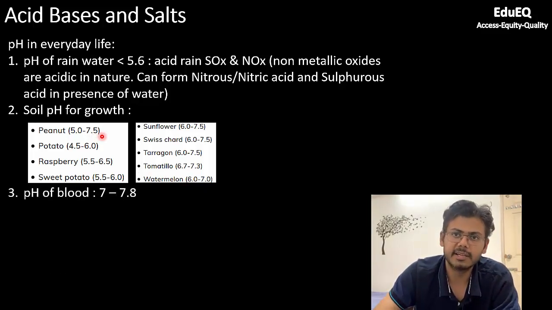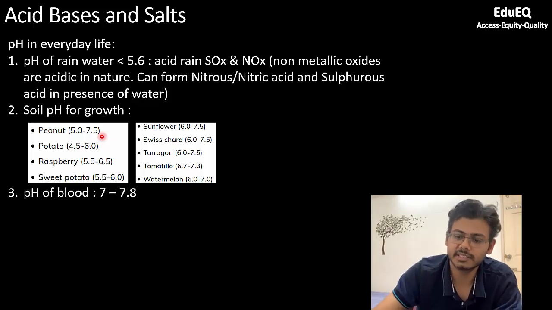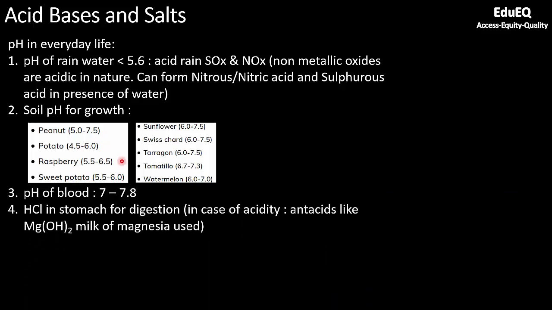pH of blood, like I said, the average value was around 7.5, slightly basic, but typical range would be 7 to 7.8. Then HCl is there in our stomach, it's used for digestion. And in case of acidity, we have to eat antacids, or you would have seen ads on TV also for some antacids for relieving acidity. The most common antacids are milk of magnesia or magnesium hydroxide.